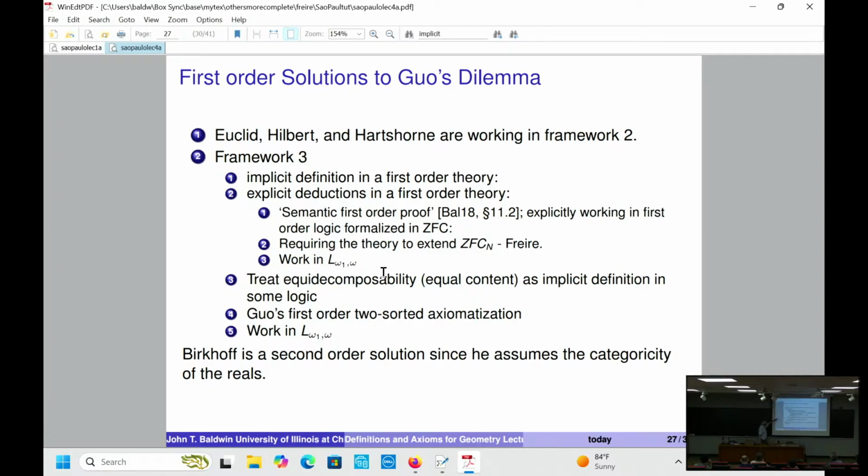And if you can give formulations, then you can give what Platy-Blanchette calls the semantic methods of proof, and I'll say something about that in just a minute. Or trying to do it in Rodrigo's format, or trying to work in L omega 1 omega, or trying to treat equal decomposability or equal complementability as an implicit definition.